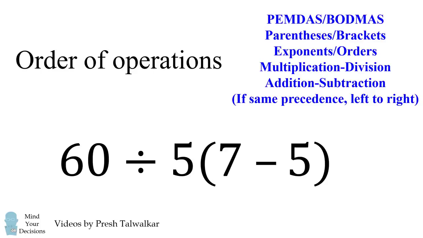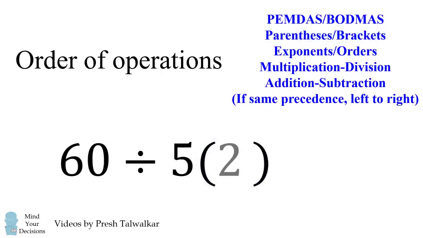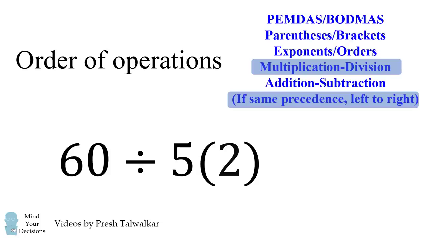So in this expression, we have some parentheses. So we should evaluate 7 minus 5 first. This is a non-controversial part of the question, and this is equal to 2. The argument is about what to do next. According to the order of operations, we should evaluate multiplication and division with equal precedence going from left to right.